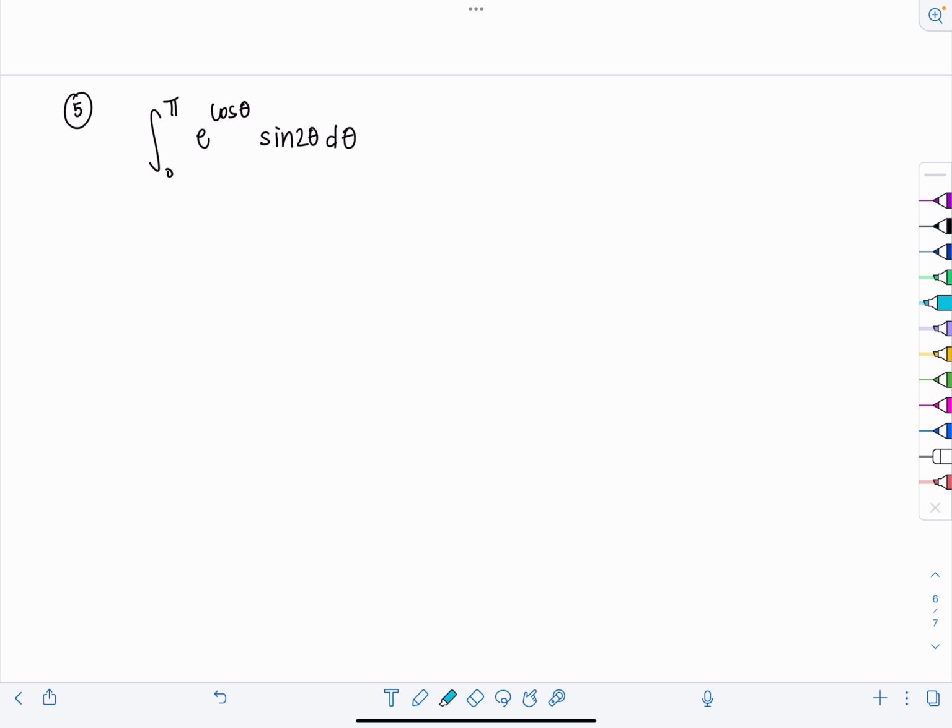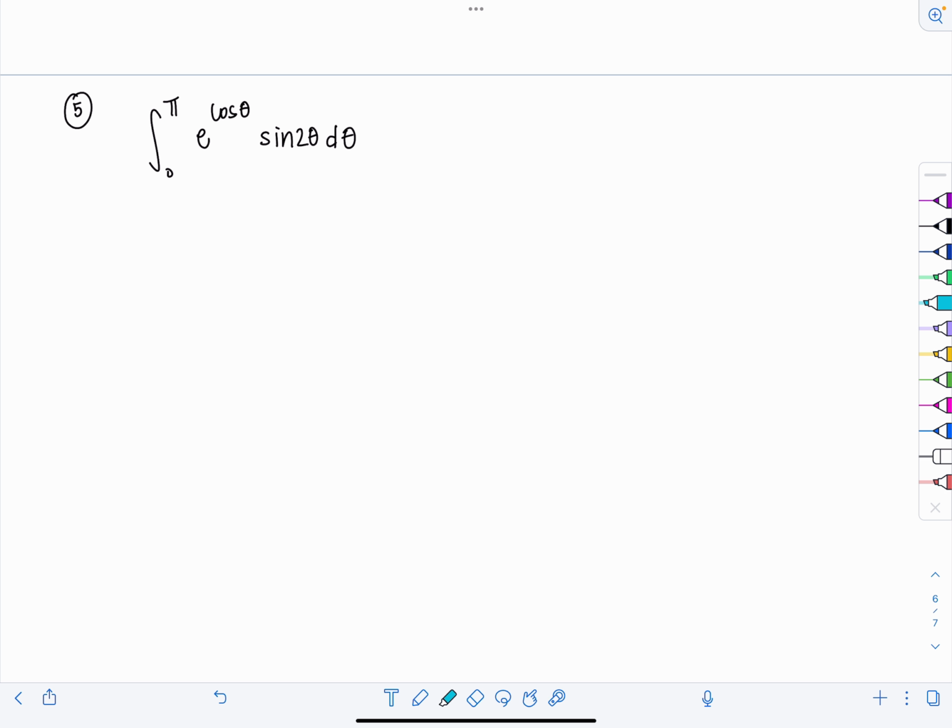Okay, so it looks like something that we would use integration by parts for because we've got some sort of product going on, but it's a bit of a mess. And I kind of want to make a little bit of a change of variables first to clean it up before I use integration by parts, okay?